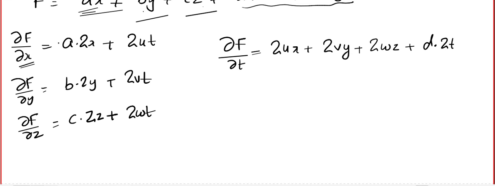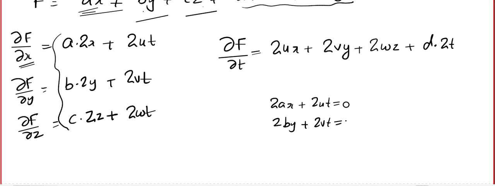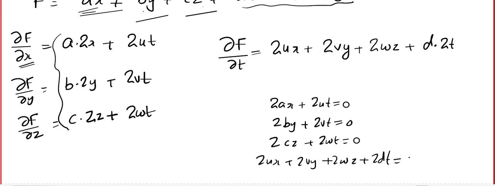Now you know the method. We try to find the stationary point by equating all these derivatives to 0. So the equations are 2ax plus 2ut equal to 0, 2by plus 2vt equal to 0, 2cz plus 2wt is equal to 0, 2ux plus 2vy plus 2wz plus 2dt is equal to 0.